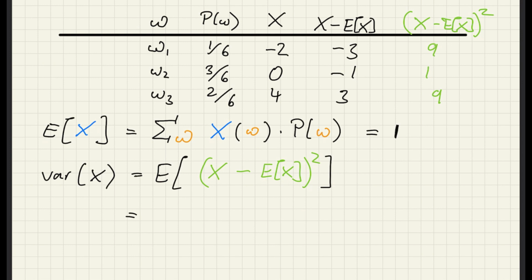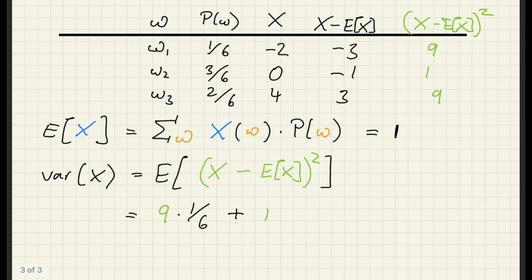This is equal to, we start with the first outcome where we take the value for this outcome, which is 9. We multiply by the probability 1 over 6. Then we add the same thing for this second outcome. We're moving down from this row to working with this row.